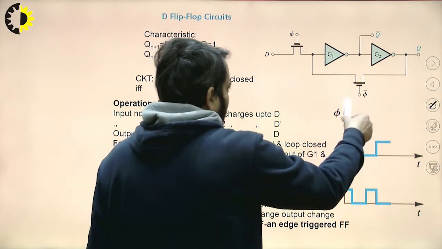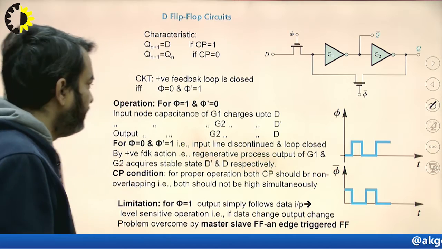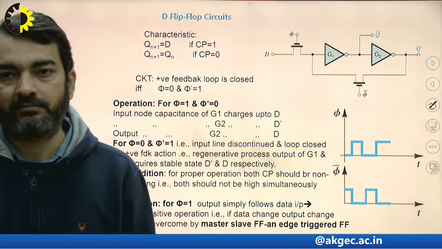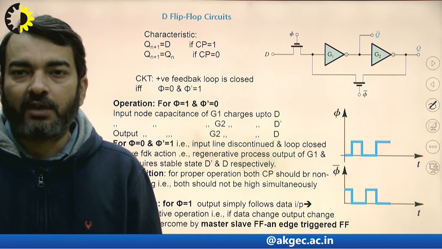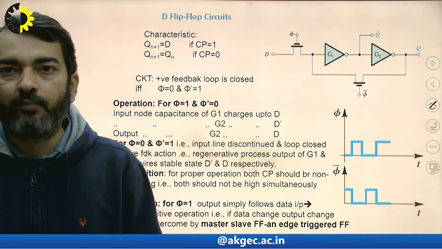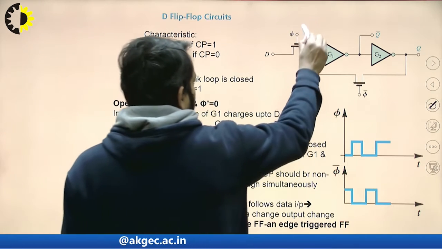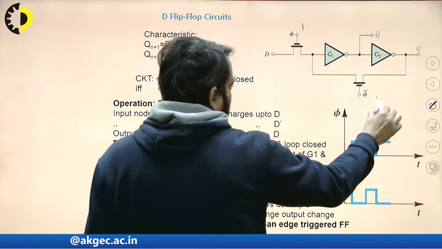Why are we using non-overlapping clocks? It means both the clocks will not be simultaneously 1. Let us see what the disadvantage would be if both clocks were 1 simultaneously. Let's say this clock is 1 and this is also 1.